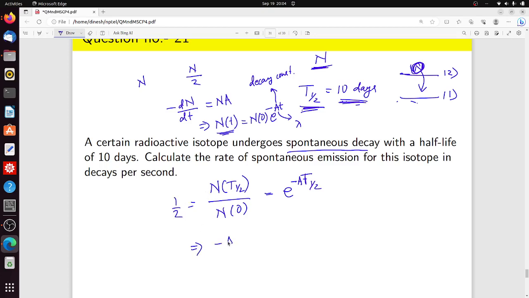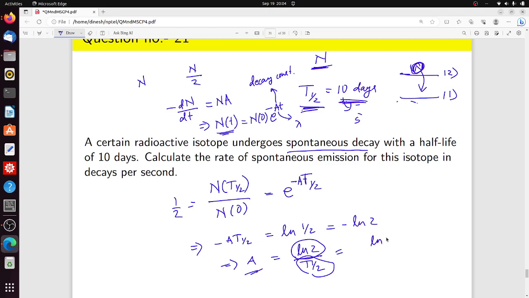So minus A T half is ln of half, or minus ln of 2. So A should be ln of 2 by T half. So you will get the value of A from here. First you have to convert T half to seconds, and ln 2 is a constant. This value you will get as ln 2 over 10 into 24 into 60 into 60, in per second.